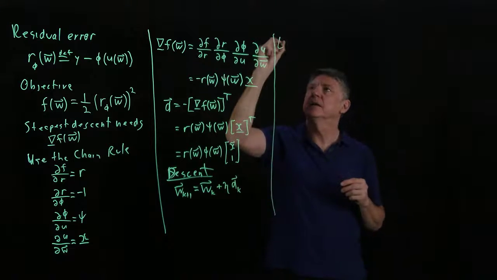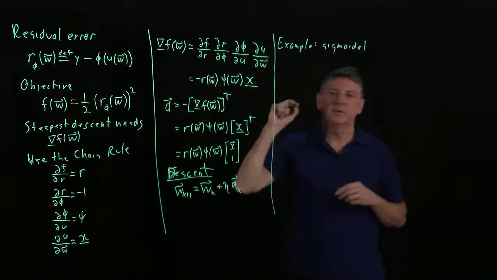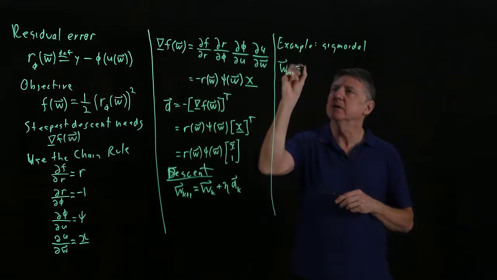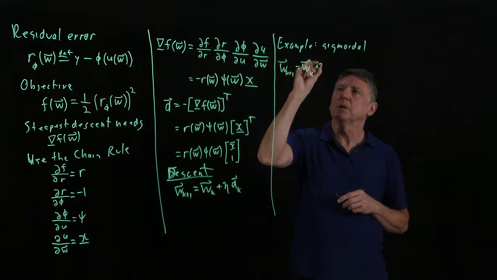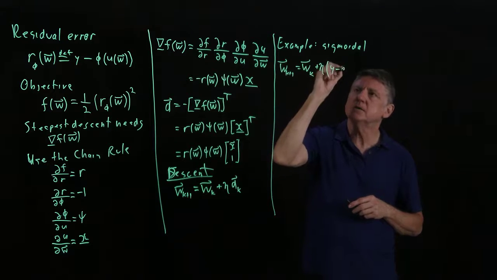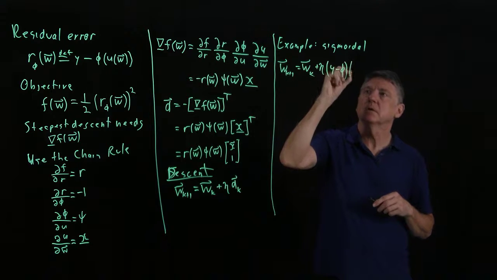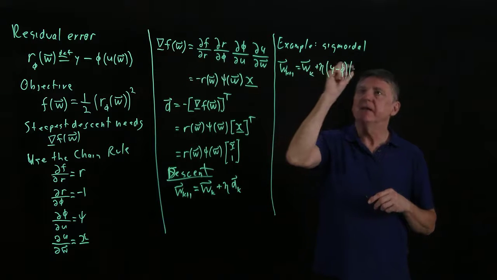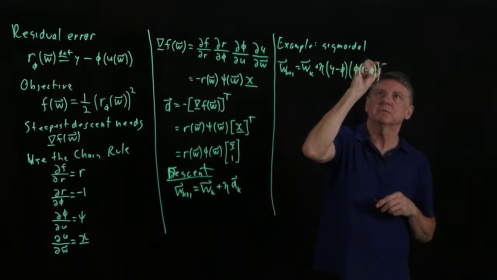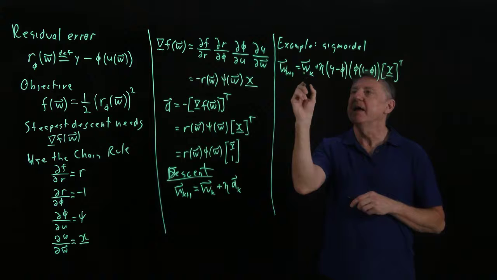For the sigmoidal example, let's suppose we use the sigmoidal activation function from the previous session, and the iteration would be our k plus 1 estimate of the augmented weight vector is our kth estimate of the augmented weight vector plus the learning rate, which is what they call the step size, times y, the label, minus the activation function, because that's what the residual is, times the derivative, and that was the activation function for the sigmoid times 1 minus the activation function for the sigmoid, times we take our data one form and we transpose it so that it turns from a one form into a vector, and then we're adding a vector to a vector.